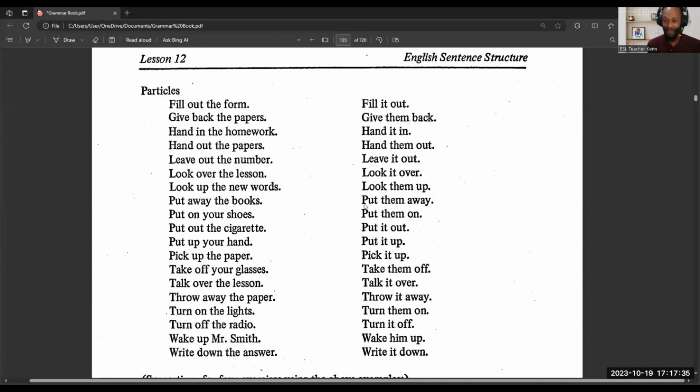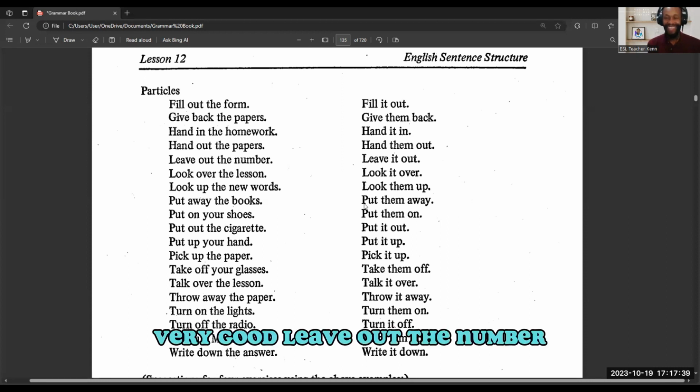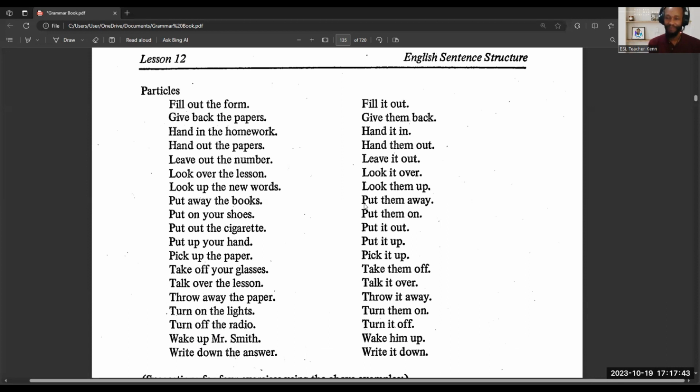Hand them out. Very good. Leave out the number. Leave out the number. Leave it out. Leave it out.